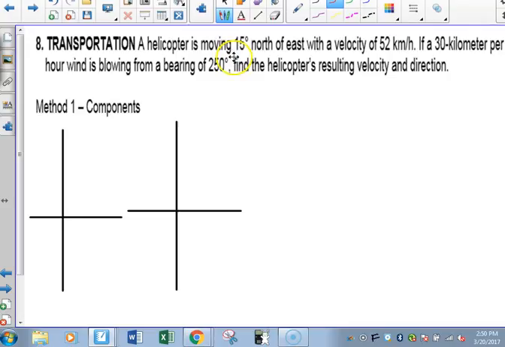Okay, this starts out with the helicopter moving 15 degrees north of east. When it says of east, it means it's measuring off of east towards the north 15 degrees. And the magnitude of the vector is 52 kilometers per hour.